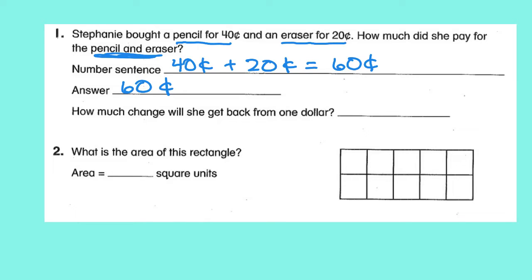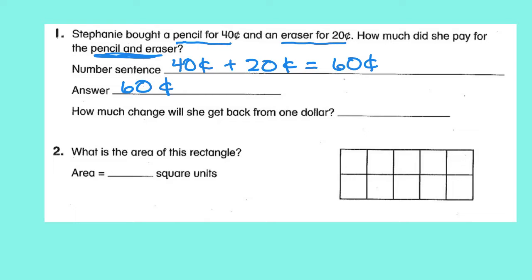The next question says, how much change will she get back from $1? So she spent 60 cents. And if we're going to count back change like we just learned earlier, we're going to start from that 60 cents point and count up.